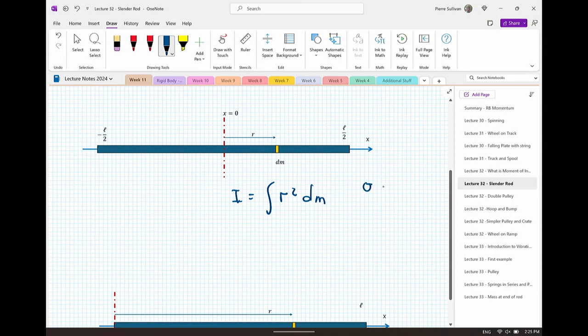Now I can define a density, and normally I would define a density as a mass over unit volume, but because it's a long slender rod, I don't really care. I don't know anything about the cross-sectional area. I'll just define it as mass per unit length.